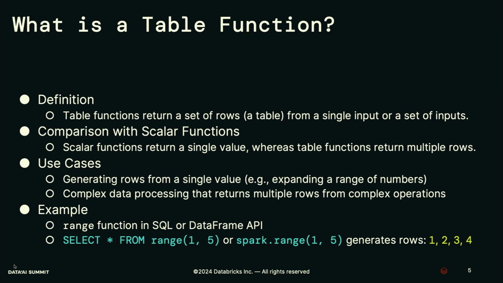Such functions are widely used for generating rows from a single value or handling complex processing tasks that use multiple rows of output. Understanding this concept will help us better grasp the capabilities of the UDTF as we proceed.